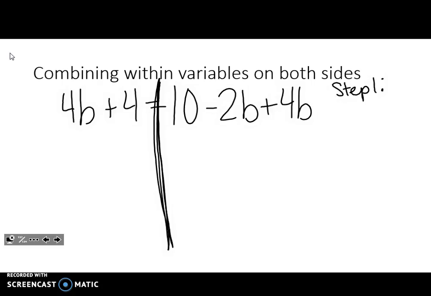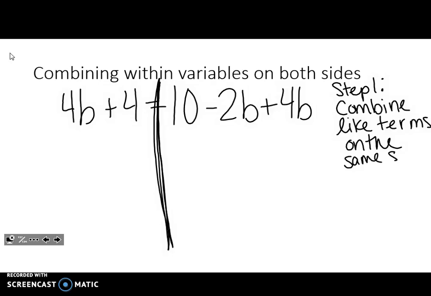So step 1 is going to be combine like terms on the same side of the equal sign.